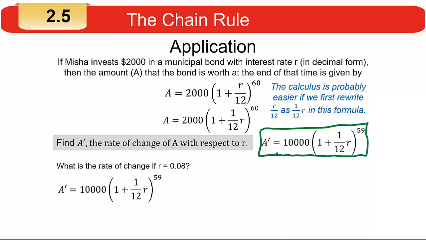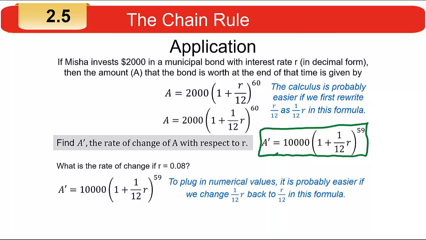Now, just as I said earlier, I thought it was easier to take the R divided by 12 and write it as 1/12 R. I now think it's easier to take it and put it back. Again, you don't have to. You can do the calculation with it just as it is, but I think the calculation's easier if you just put it back the way it was. Multiplying by 1/12 is the same as dividing by 12.